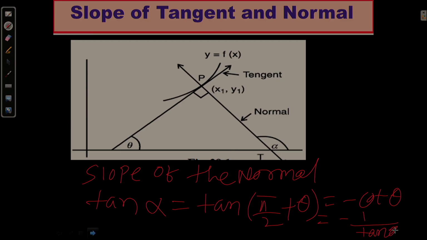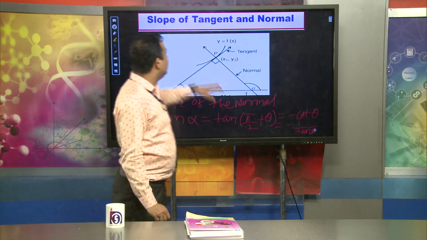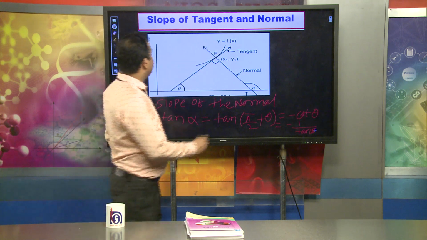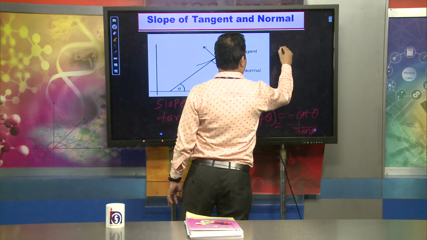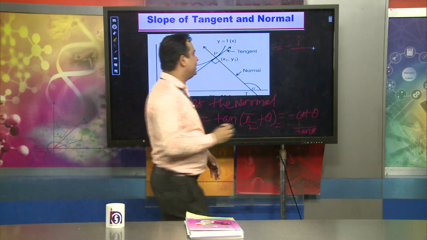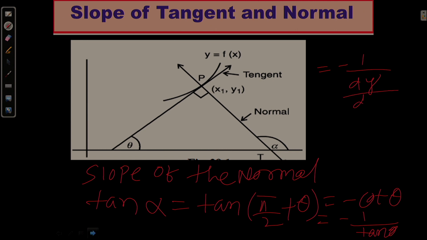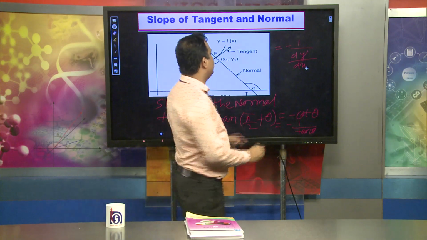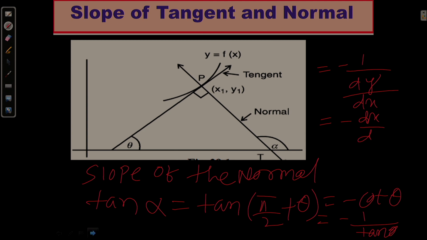So tan alpha equals minus 1 by tan theta, and we already know tan theta is dy by dx. So it is minus 1 divided by dy by dx at the point P(x1, y1), that means minus dx by dy.